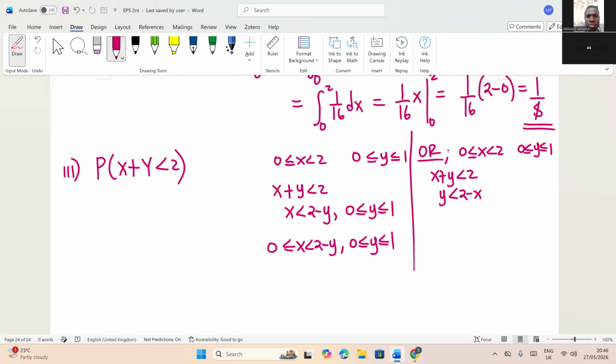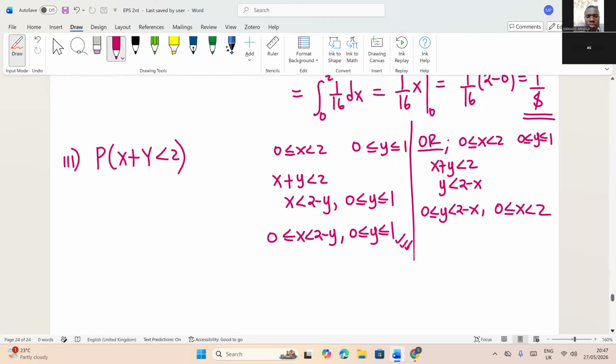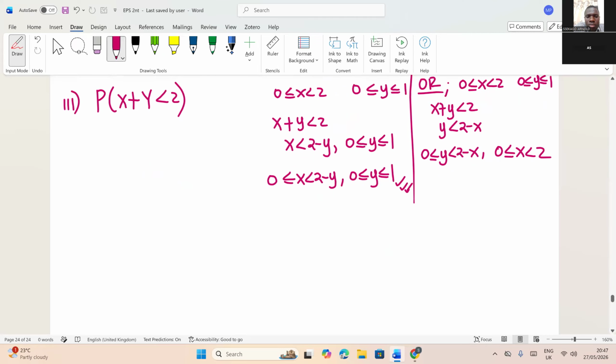It's like you fixed y, but y was starting from 0, so we shall have 0 less or equal to y less than 2 minus x. Then x remains like that. So you choose one of those two. Now let me take this. You can also do the other and verify whether the answers will be the same.